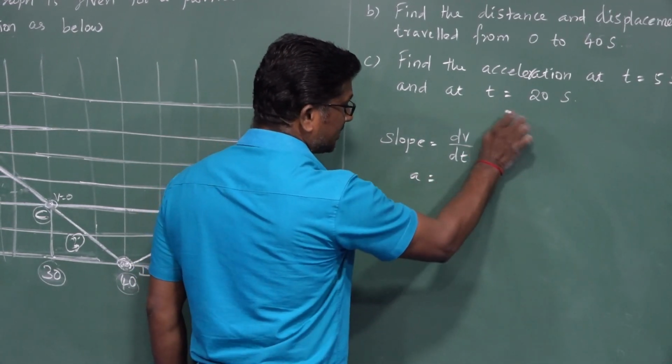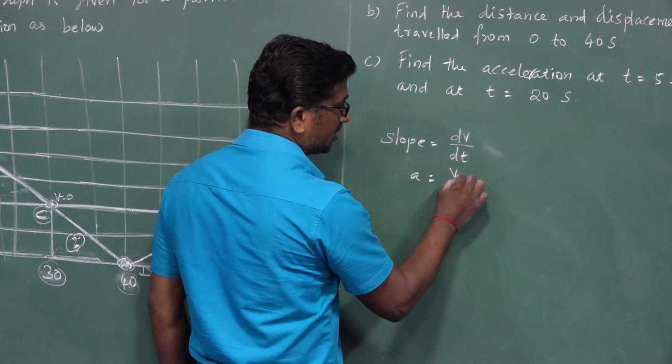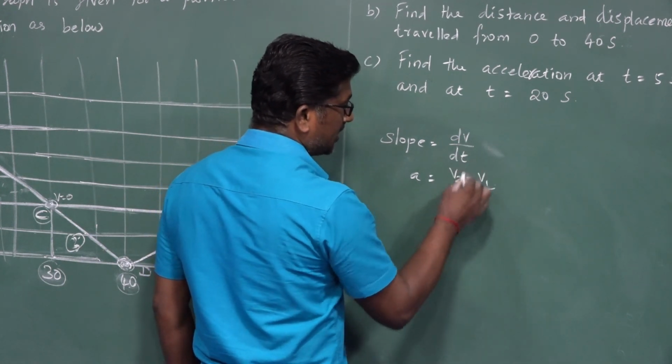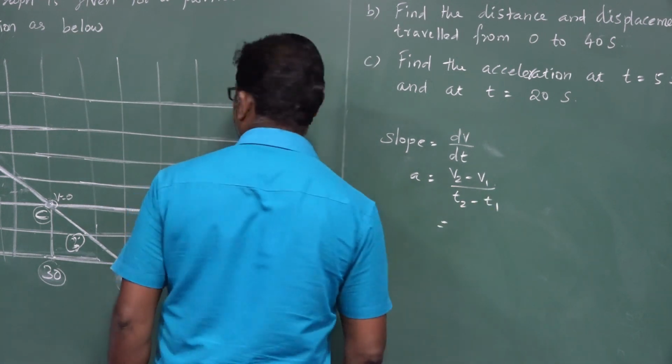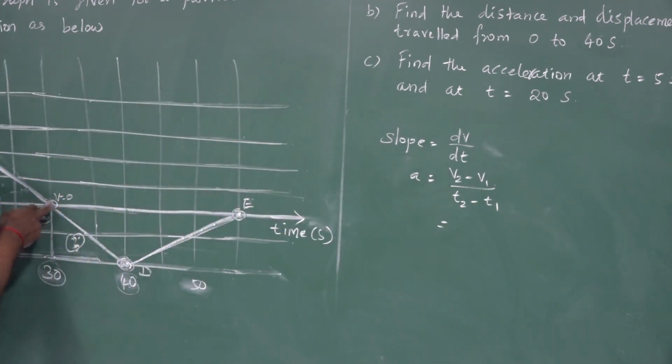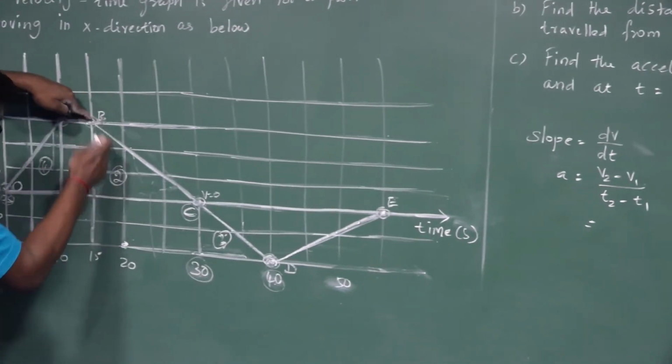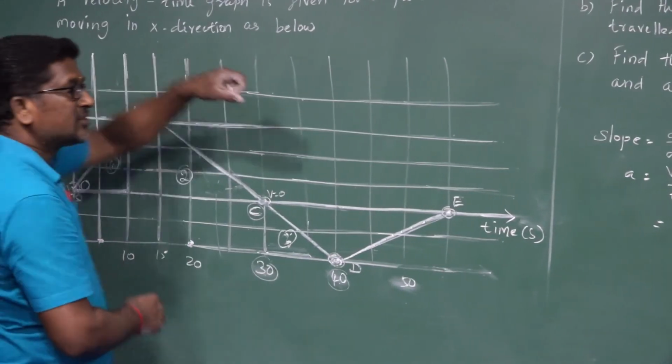Slope gives acceleration. So dv is nothing but v2 minus v1 and dt is t2 minus t1, right? From B to C. Here final velocity is 0 but initial velocity is 60 meters second power minus 1, that is v1 value is 60 and v2 value is 0. And final time is 30 and initial time is 15.